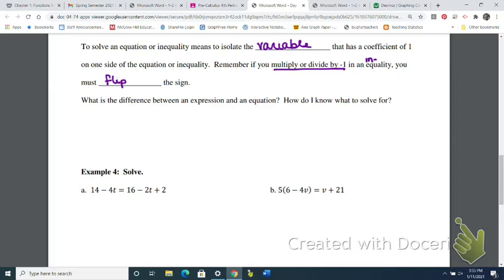What is the difference between an expression and an equation? An equation has an equal sign, and an expression does not.